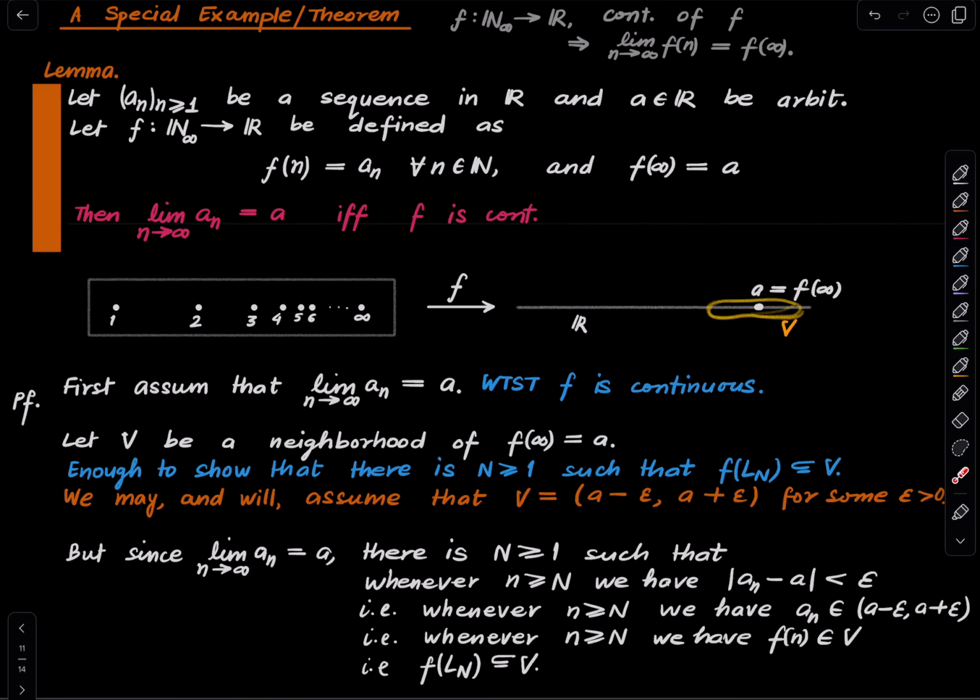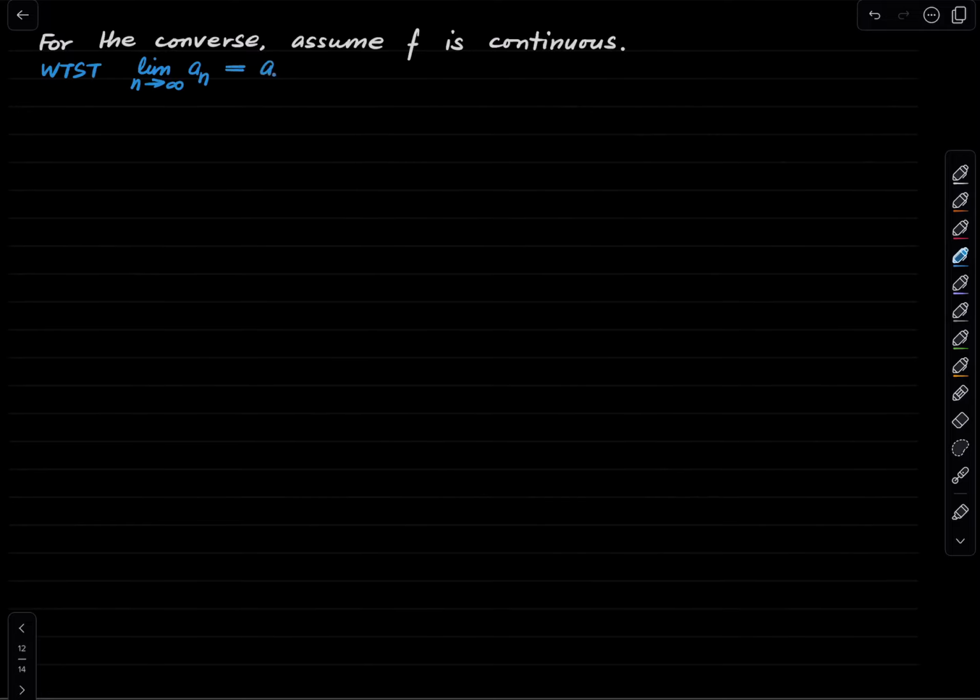So for the other direction, for the converse, assume f is continuous. We want to show that a_n converges to A. Okay.